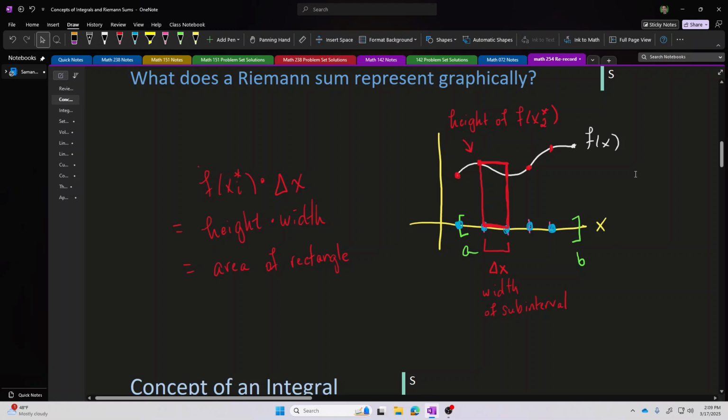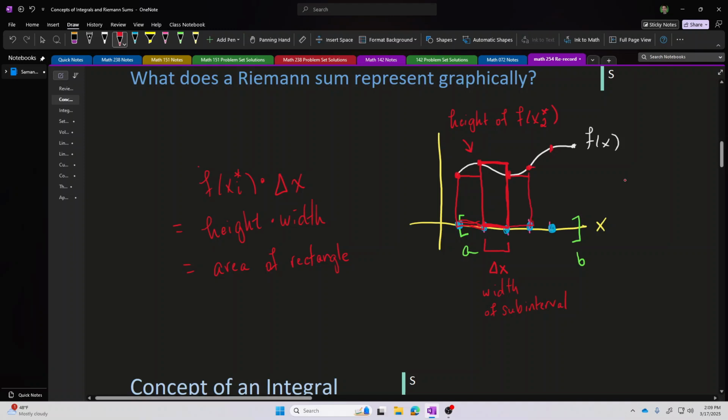But I could draw a similar picture for each of the other four subintervals, right? There would be another rectangle over here with a height of x1 star and a width of delta x. There would be another rectangle here with a height of x3 star, our third output.